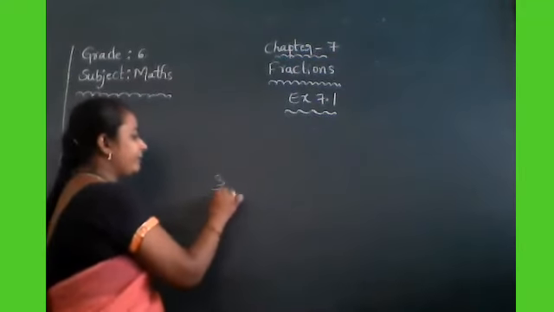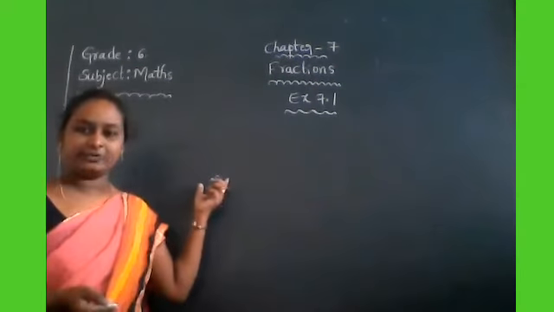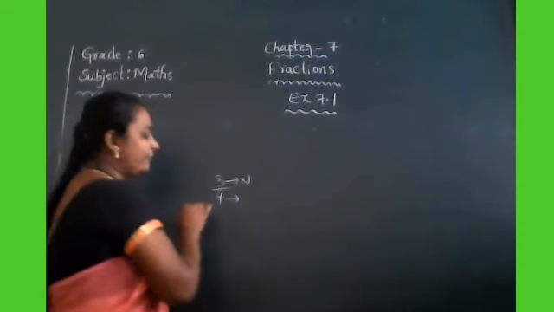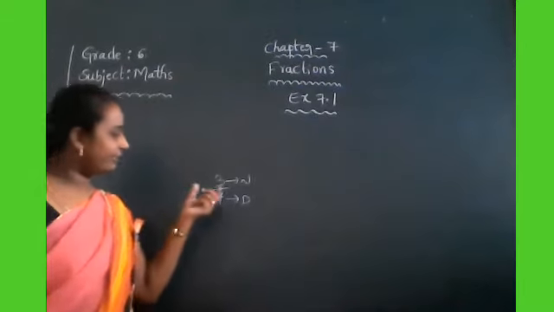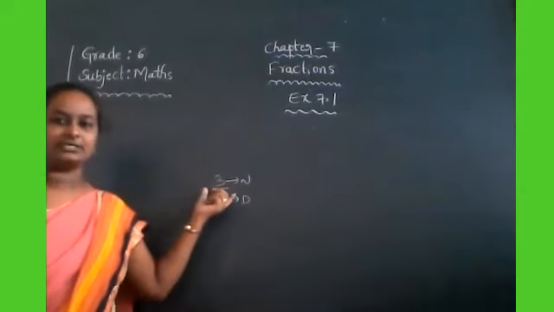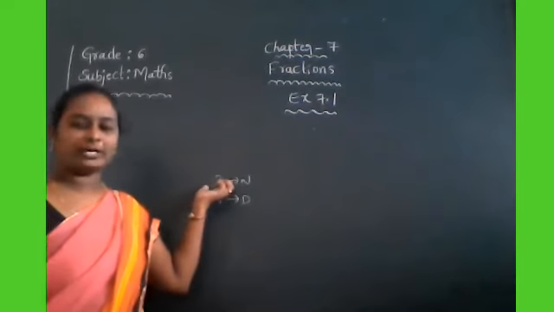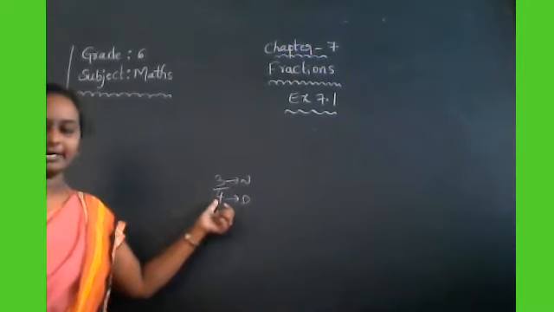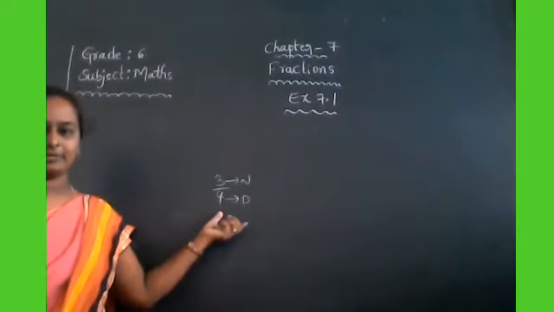Take 3 by 4. Here 3 represents the numerator and 4 is the denominator. The numerator tells the number of parts taken, the number of parts shaded. And the total number of parts is divided into how many equal parts here? 4 equal parts.